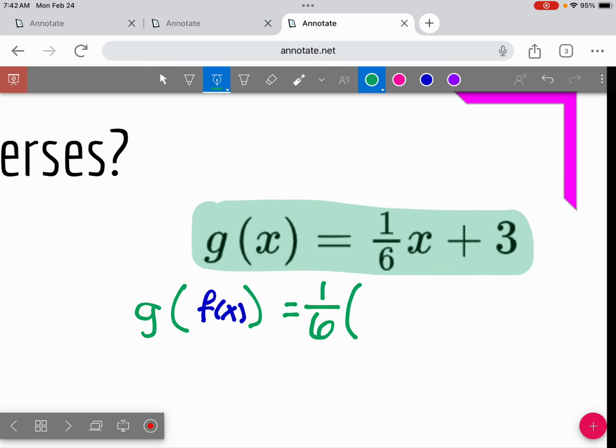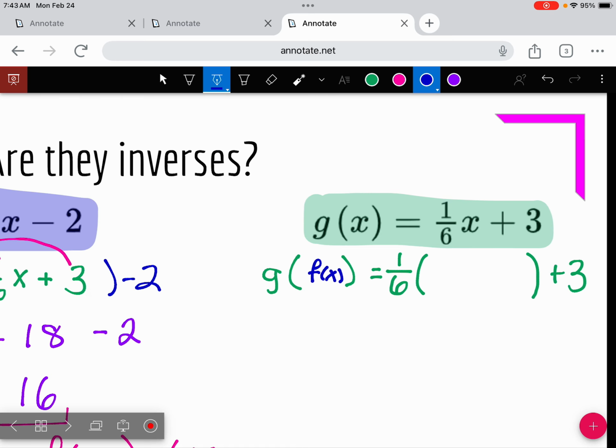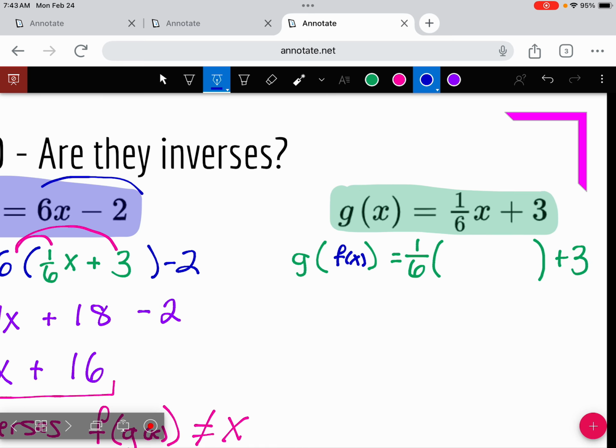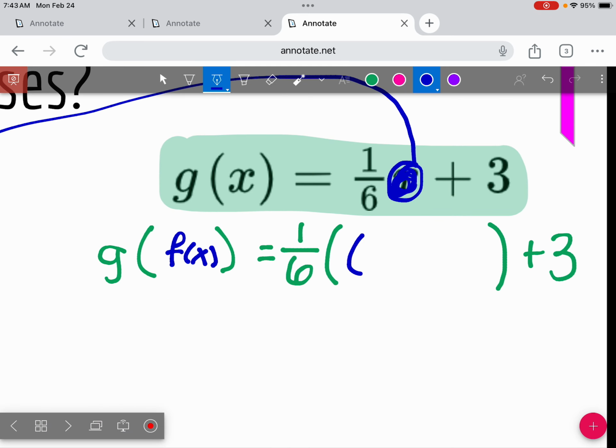So if I take our f of x and substitute it into our g of x, I'm going to take my 1/6 times something plus 3, and we are taking our 6x minus 2 and substituting it in place of this x. So we're going to have our 1/6 times our 6x plus 2. Substituting those pieces in.